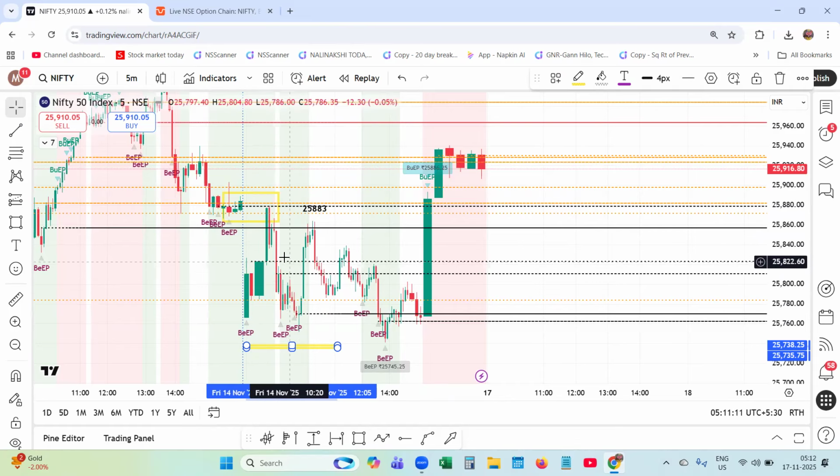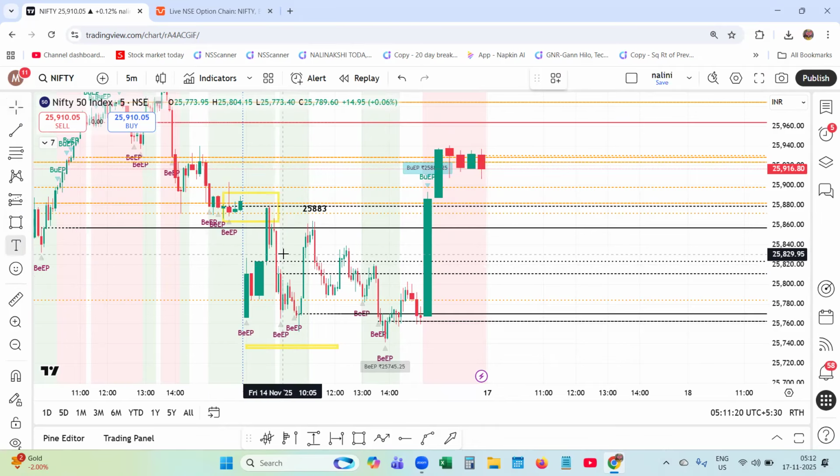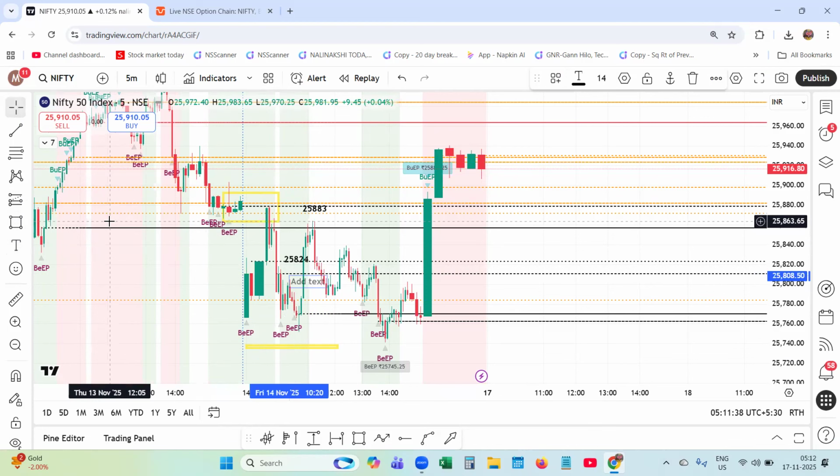Intraday EP, it was breaking below these new EP levels. These levels cannot come on the option chain. These are fractional levels. You cannot get them, which is very, very important while trading call options or put options. 25,824, and this is the level of 25,808.